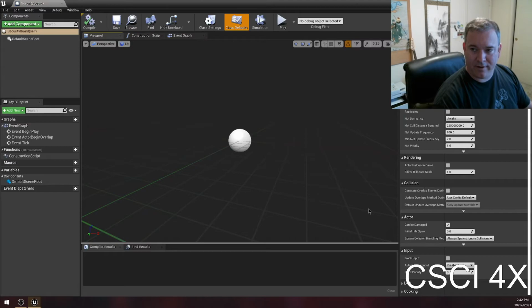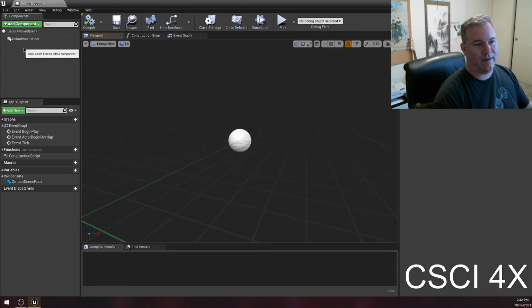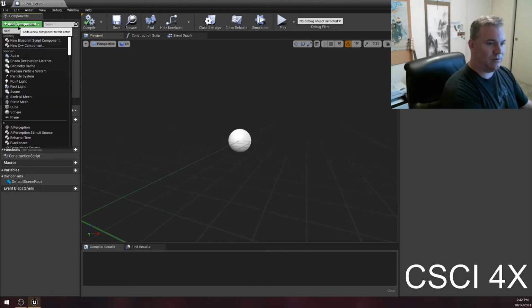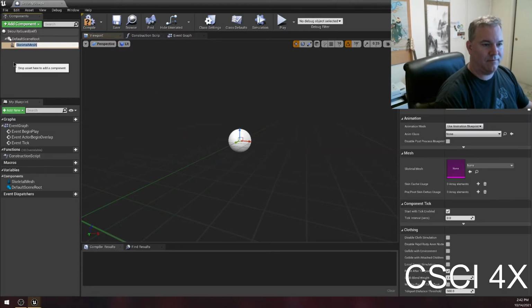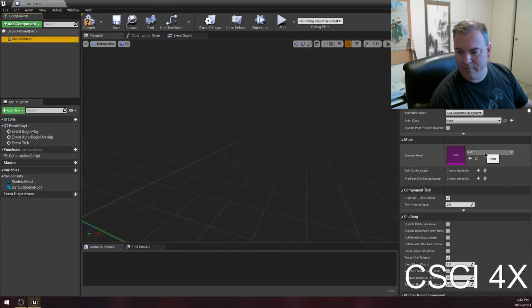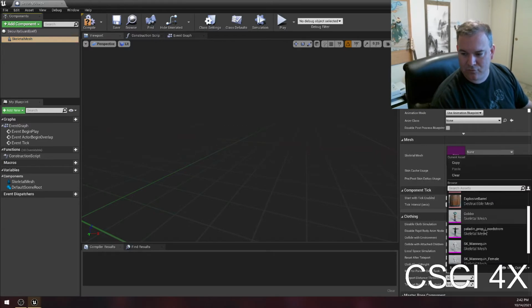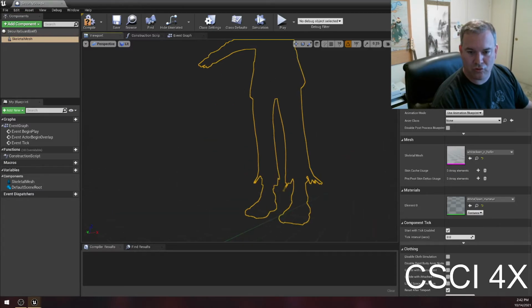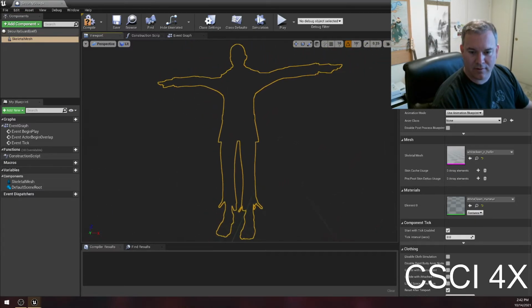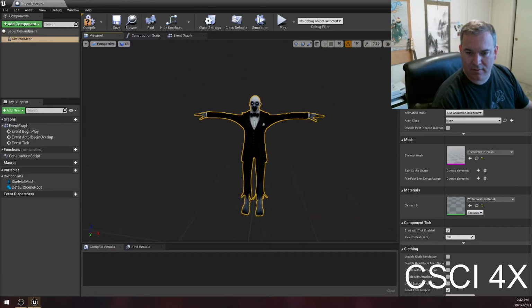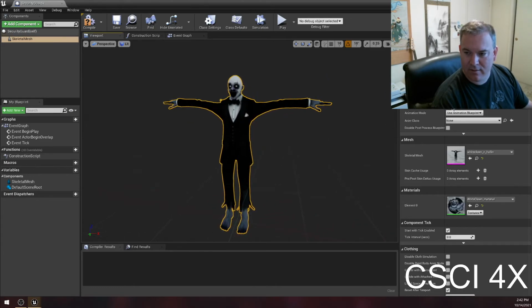All right, so the security guard, we will add a skeletal mesh. We'll replace the scene root with it. There we go. Scary clown.